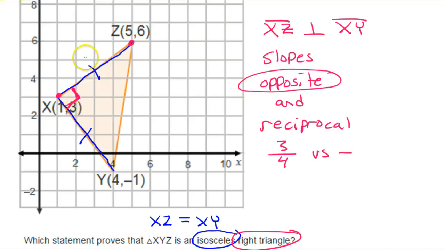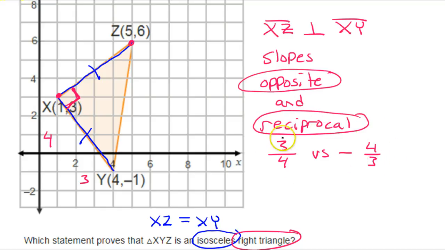Now let's talk about the rise and the run. This is the rise and this is the run, and this is 4 and this is 3. So it's negative 4 over 3. We knew they were opposites. Are they reciprocal? Yes, 3/4, 4/3.